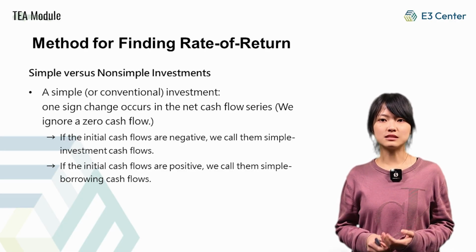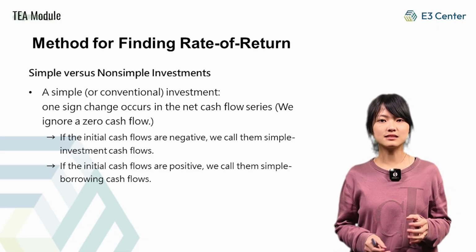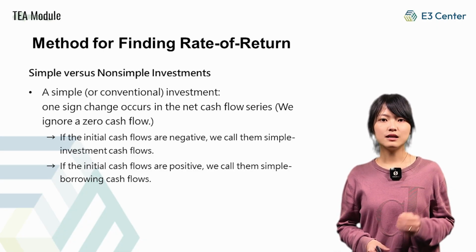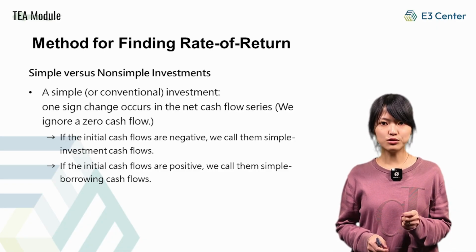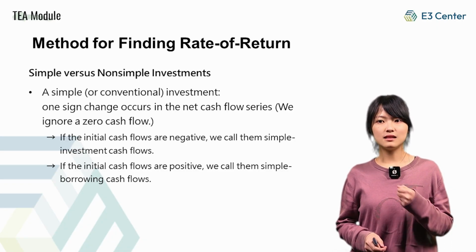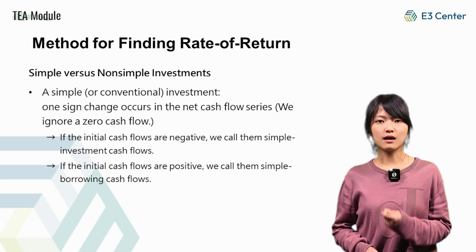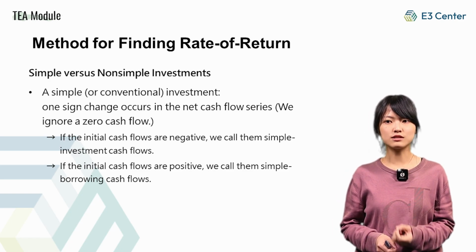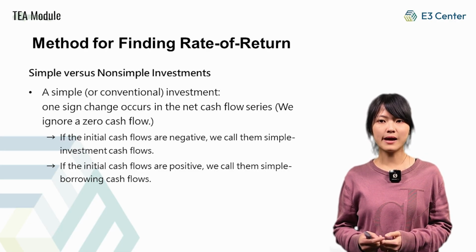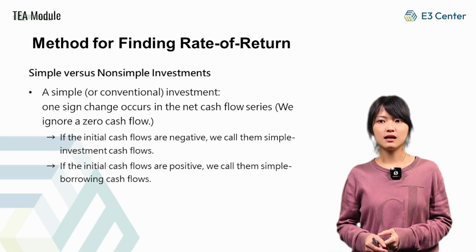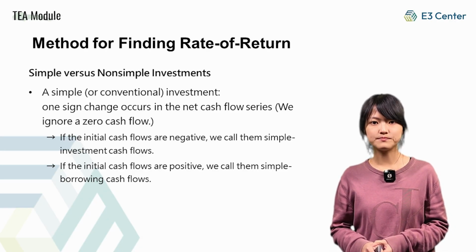We generally disregard any zero cash flow occurrence in this categorization. If the initial cash flows of an investment are negative, meaning you are spending money, these are termed simple investment cash flows. Conversely, if the initial cash flows are positive, perhaps indicating incoming payment or savings, these are then called simple borrowing cash flows.